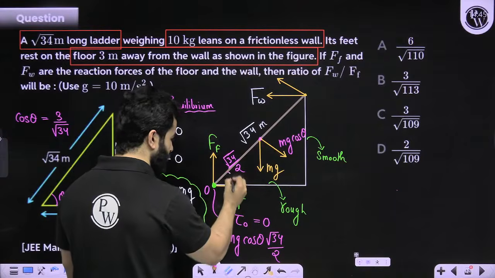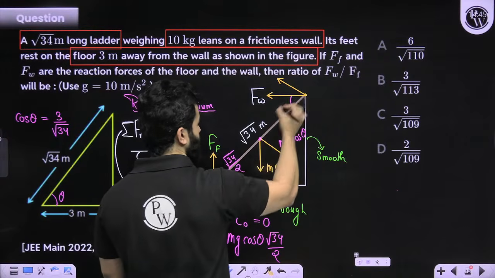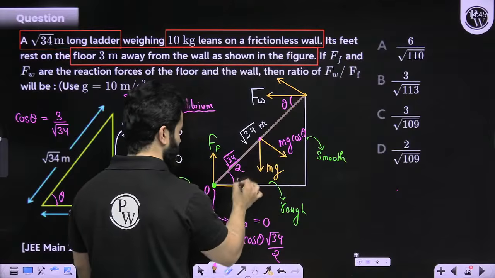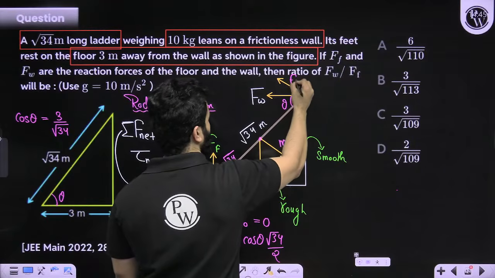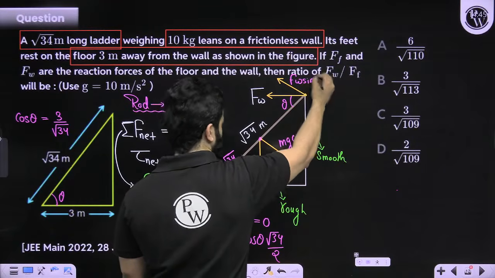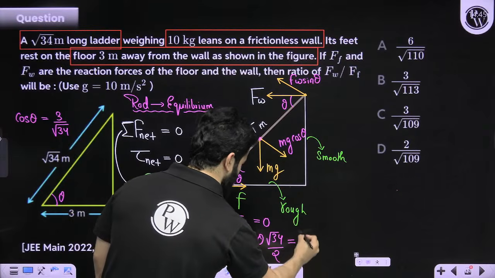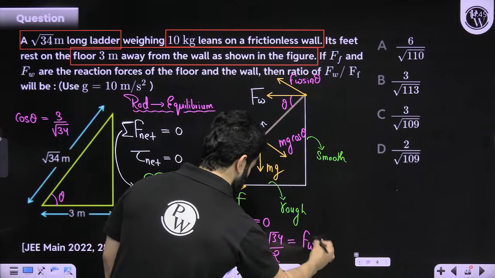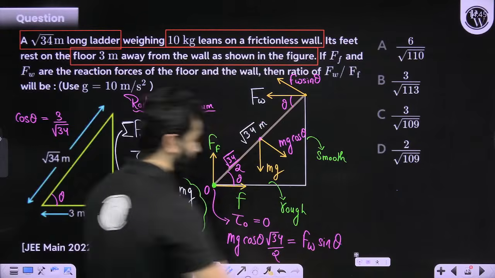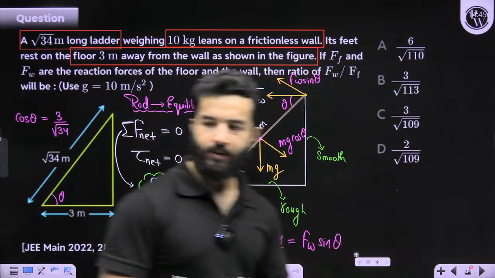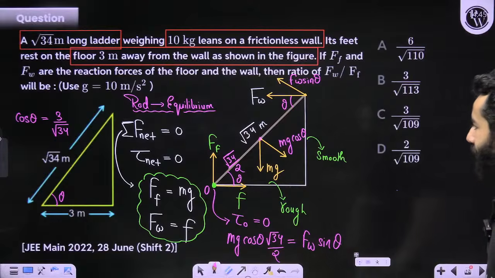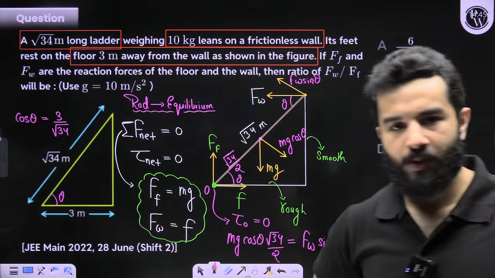And please know, whatever this angle is, we are going to have the same angle here. So this is also theta, right? So this is going to be Fw sine theta. So this should be equal to Fw sine theta. Clear? Hopefully everything is sorted.